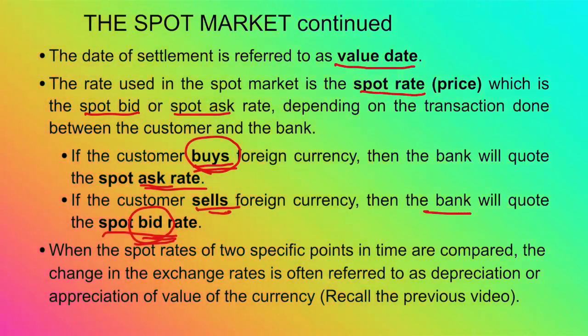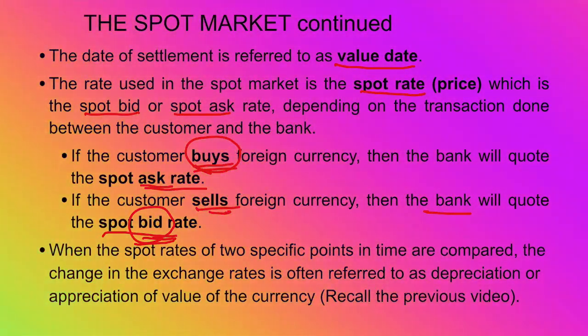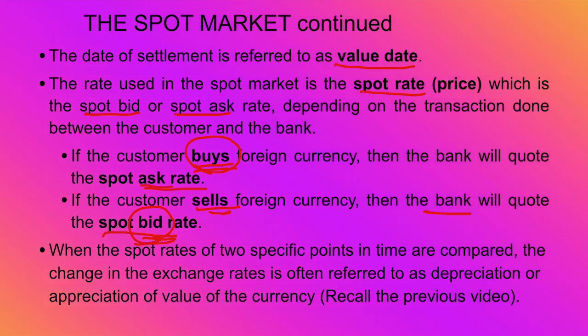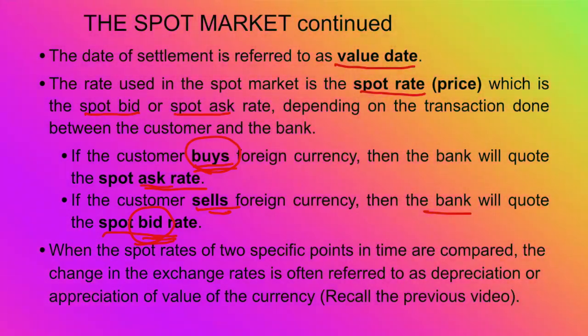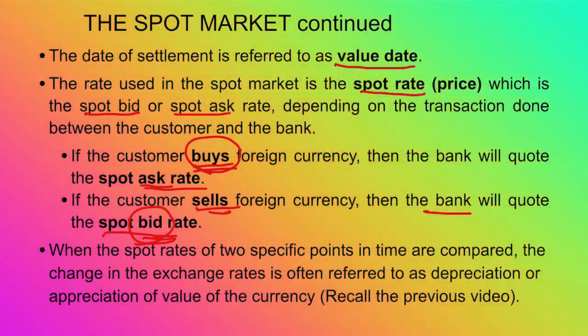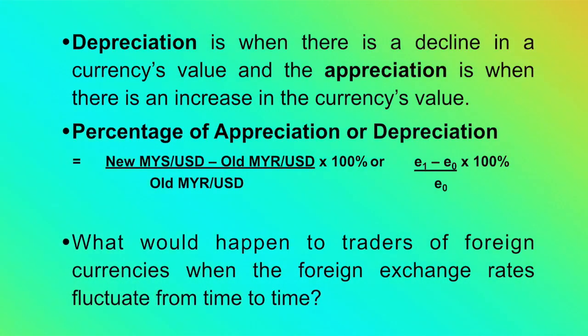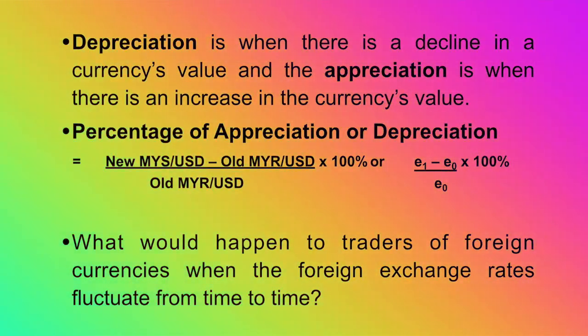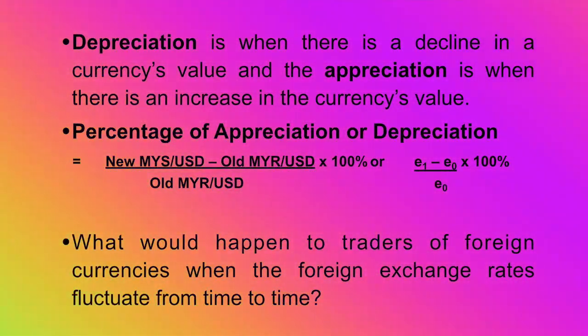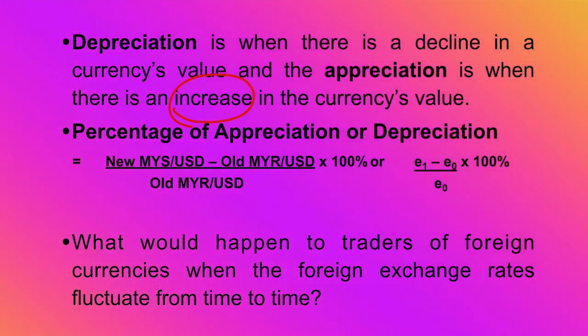When the spot rates at two specific points in time are compared, the change in the exchange rate is often referred to as depreciation or appreciation of the value of the currency. This one we have to recall from the previous video. Depreciation is when there is a decline in the currency's value, and appreciation is when there is an increase in the currency's value.